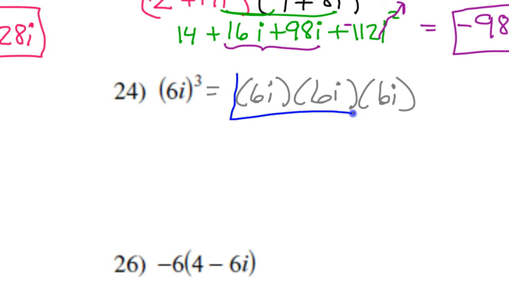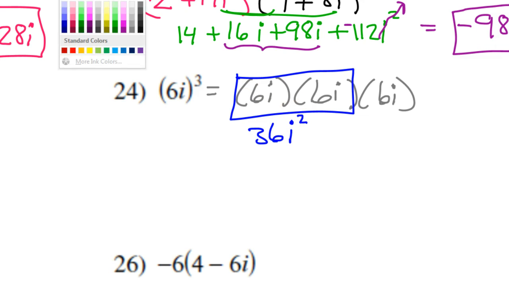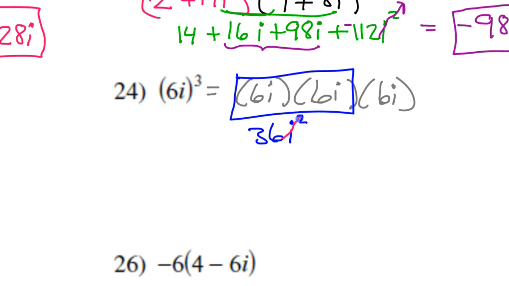If I multiply these together, 6 times 6 is 36. That's 36i squared, right? But then you know i squared is -1. So because that's -1, what I really have is a -36.